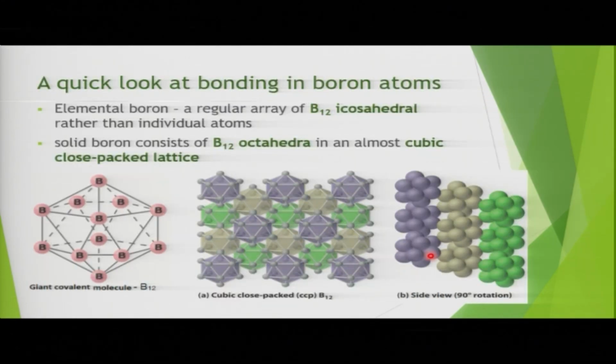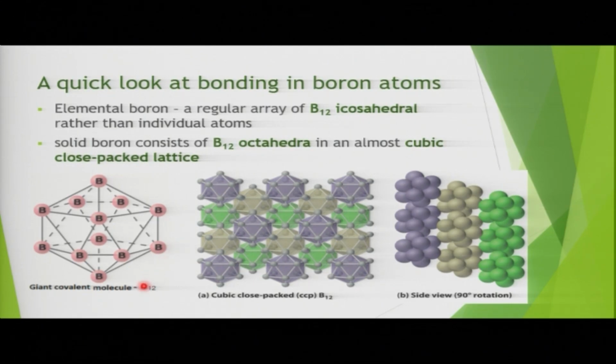Let's look at the bonding in boron atoms. Unlike other nonmetals, most of which exist as simple molecules or simple atoms, like for group 18, boron exists as icosahedral. It has an icosahedral structure, which basically implies it has many atoms with a shape of 20 sides.